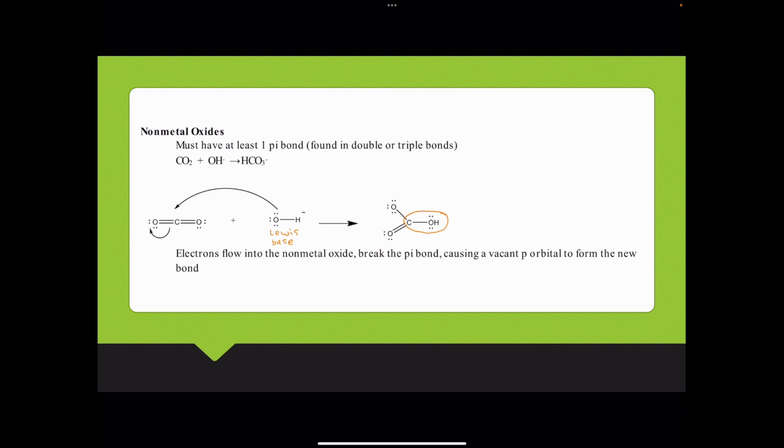The electrons that were part of the original pi bond go to the oxygen. It empties the p orbital that formed the pi bond. That empty p orbital can bond with the hydroxide, forming our HCO3 minus. Because the carbon is accepting the electron pair, it is a Lewis acid.